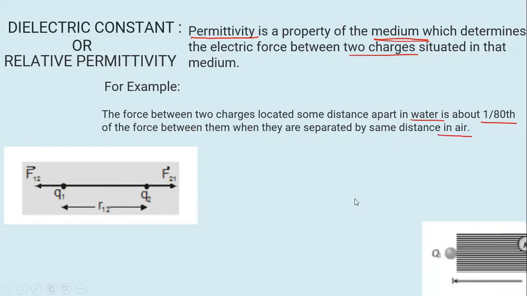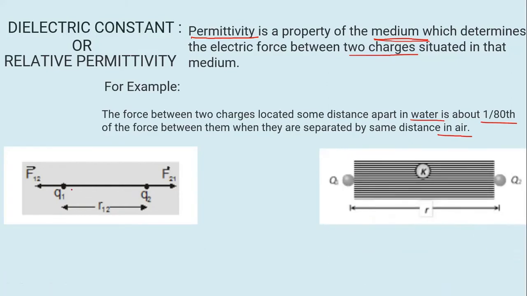What does this statement mean? Suppose we have two charges Q1 and Q2 present in air, separated by a certain distance. Naturally, a force of magnitude F will be present between these two charges. But when the same two charges are present in a medium, let us suppose the medium is water, the magnitude of charges is the same, the separation between them is again the same, everything is same, only the thing is that we have changed the medium, which is water.